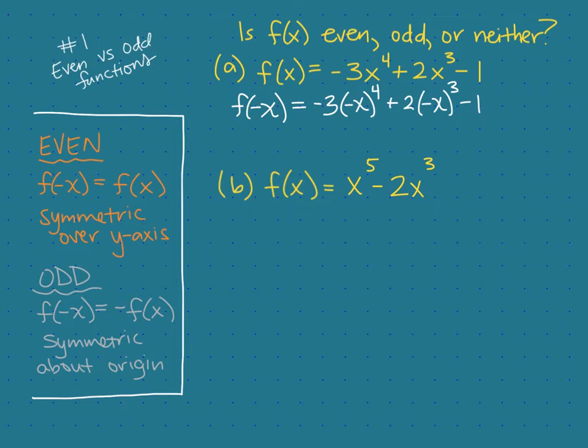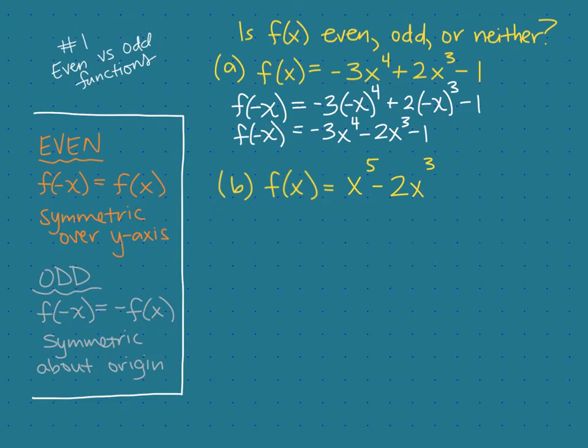When we take a negative value to an even power, like the fourth power, it doesn't matter that it was negative. It ends up just being what x to the fourth was. So the negative 3 stays, and it just stays as x to the fourth. However, if we take a negative number and raise it to the third power, it becomes a negative output. So this is going to end up being a minus 2x cubed here, and minus 1.